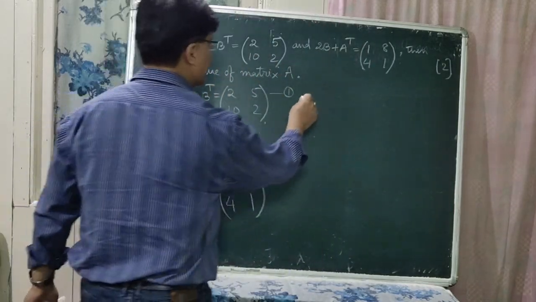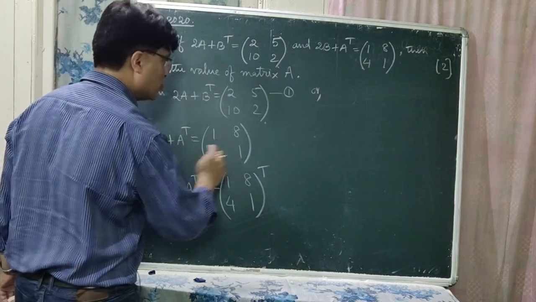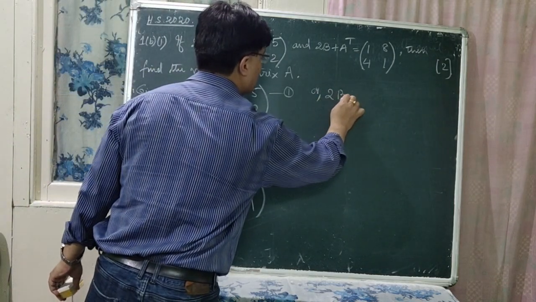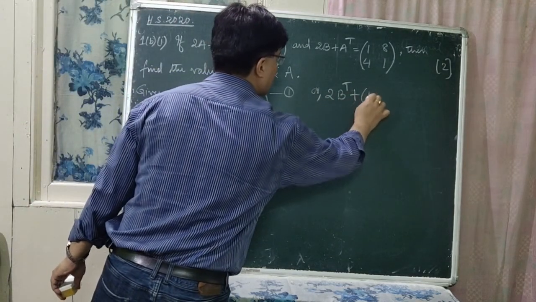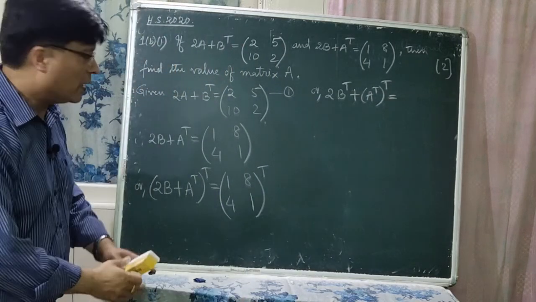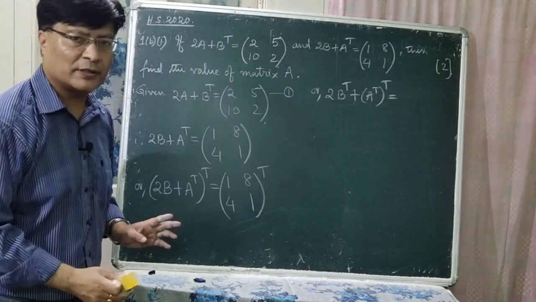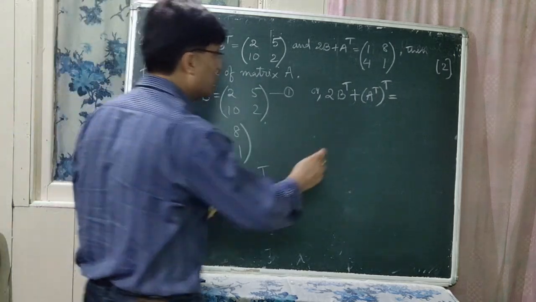Now in this case, you can use the property here: (2B) whole transpose, 2B transpose plus A transpose is equal to, so you have to transpose the given matrix. That means you have to change rows into columns and columns into rows. What do we get?